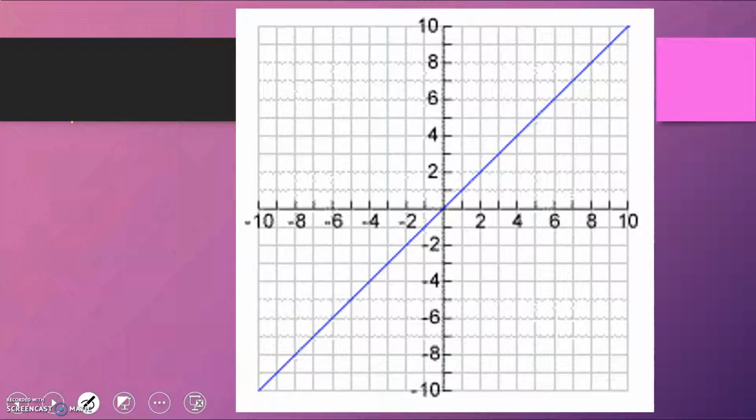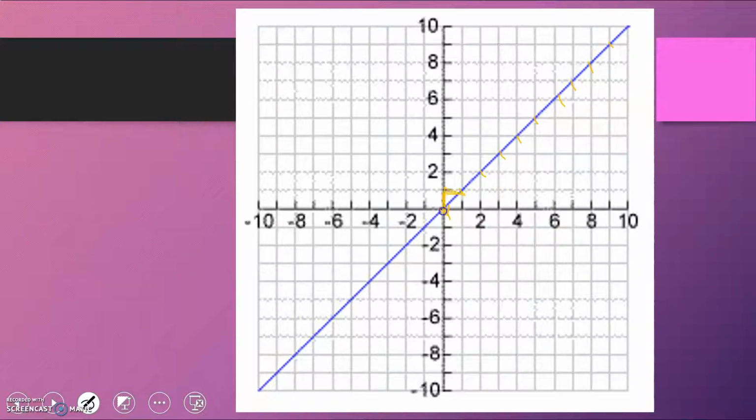As a reminder, when you try to calculate slope, you can only use points that go through the coordinate system. So this would be a point, this would be a point, this would be a point, this would be a point. So this line actually goes through every point on the grid. So for this one, you would do the rise over the run. I try to do 2 points that are really close together.